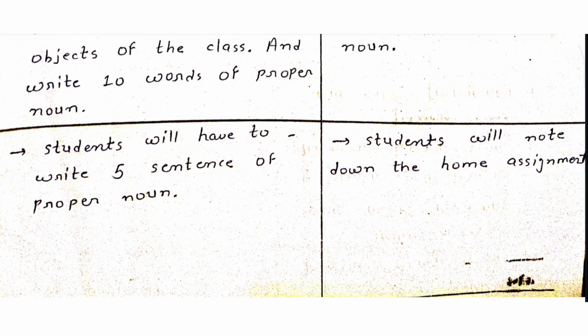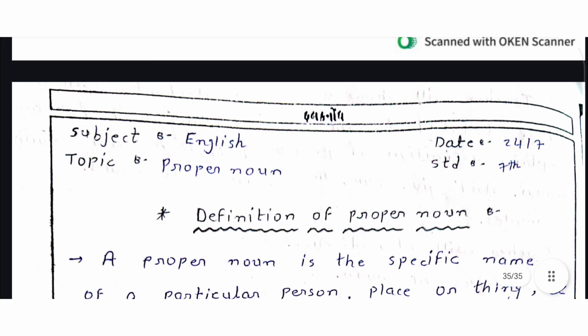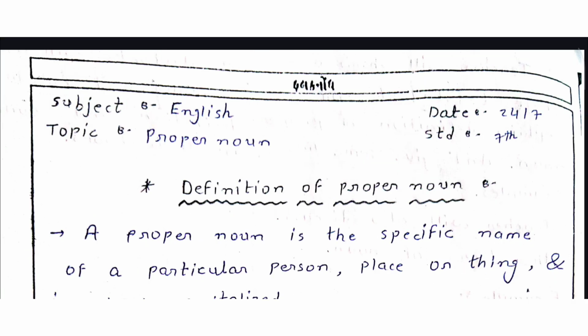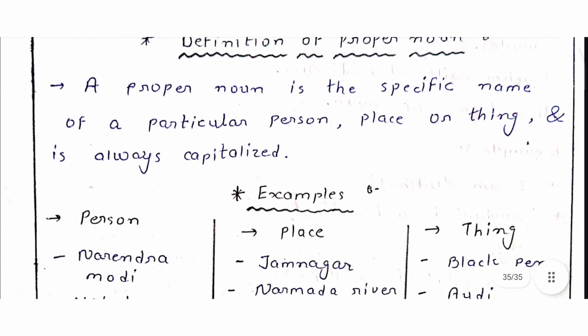For assignment, I ask students to write 5 sentences of proper noun. Then comes board work. In board work, I have written the definition of proper noun with its example.